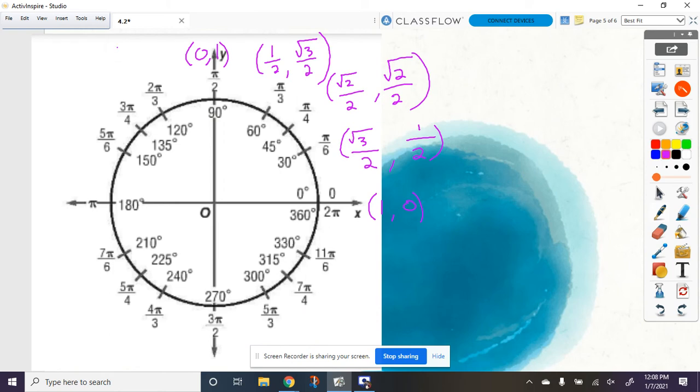So basically we're just going to copy and say, well, I know that 120 is going to have the same ordered pair as my 60-degree, so I just write 1/2, comma, square root of 3 over 2. The only difference is, because now we're to the left of our y-axis, what does that do to the sign? X turns negative. Yes, it makes our x negative.